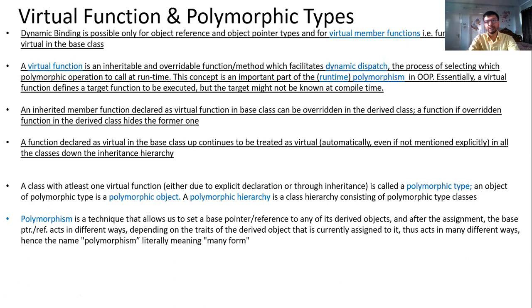Because of this capability, even though you use a base pointer, depending on whatever it points to, it can trigger a suitable function body. Because of this nature, this entire hierarchy becomes polymorphic. Okay, so that is what we found.